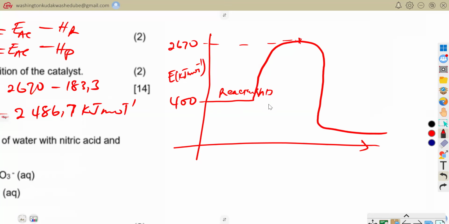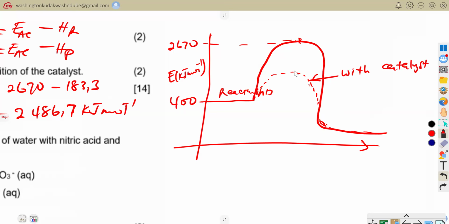So you would have just come and said we need to lower the activation energy. By lowering the activation energy, the course of reaction would go in this way. But you will see that you simply have the same products at the end. You would have just indicated this as with catalyst.